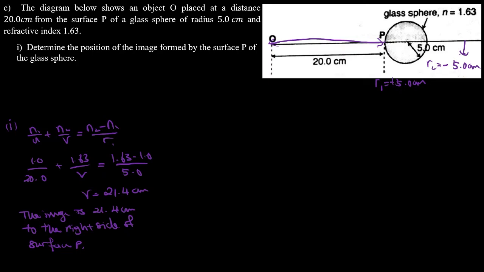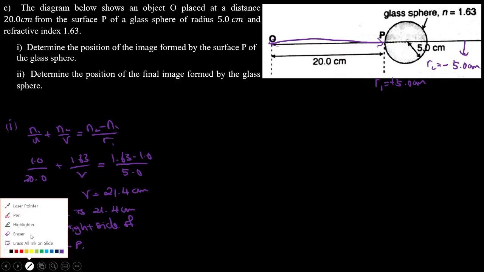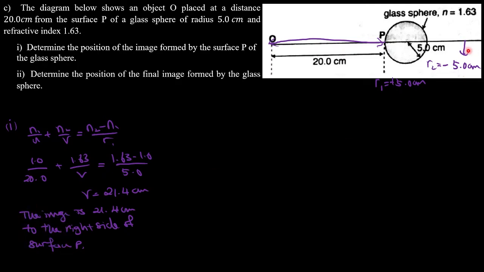Your first image is here. Look at it here. So it's to the right side of the second refraction.